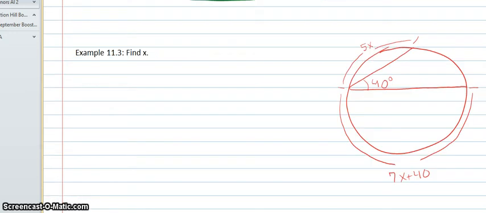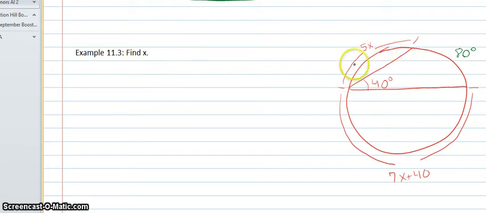In the third example in lesson 11, we're looking at an inscribed angle, and remember that it doubles here. So with the 40, that means this opening is 80 degrees on the circle. Okay, and we're asked just to find x.